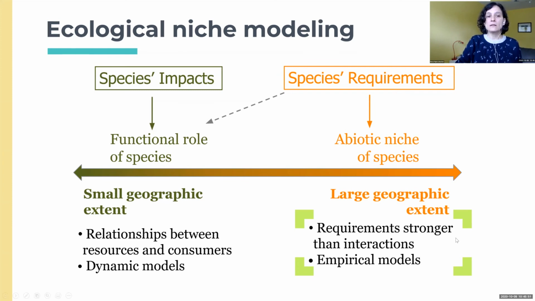So because we assume and we have evidence that species requirements are stronger than species interactions at these large extents, we are using this ecological niche modeling approach that relies on empirical modeling or correlative modeling. And I will explain, this is the area that I'm active in and I understand better than the dynamic modeling.